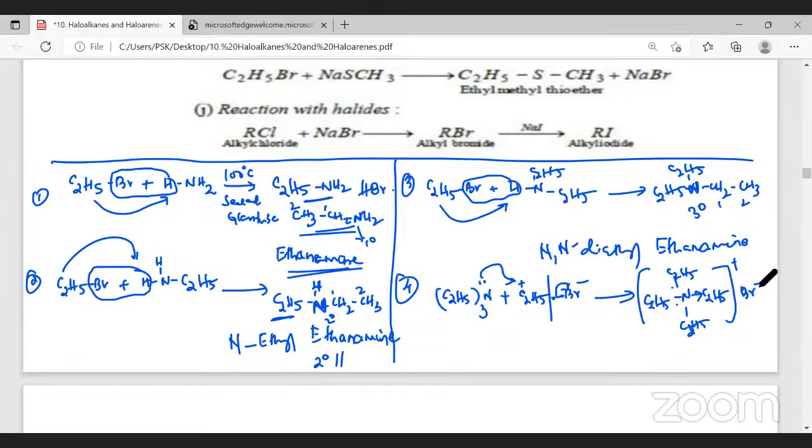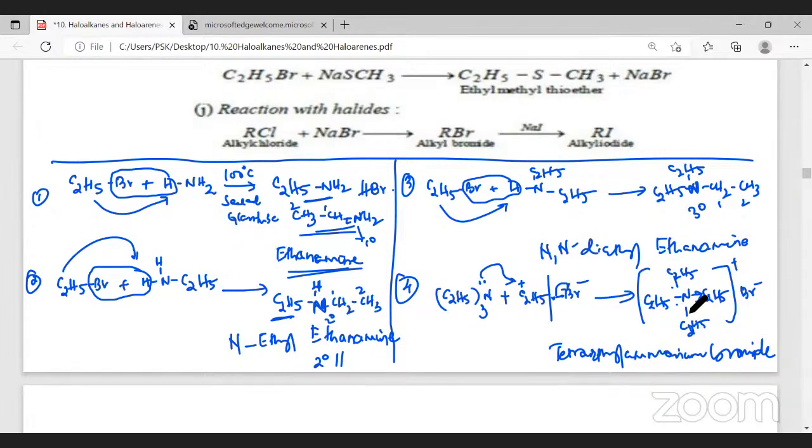And here you can see plus and minus. This is called tetraethyl ammonium bromide. So this tetraethyl ammonium bromide has 3 covalent bonds, 1 coordinate bond, and also we have an ionic bond. All the 3 types of bonds are present in this molecule.